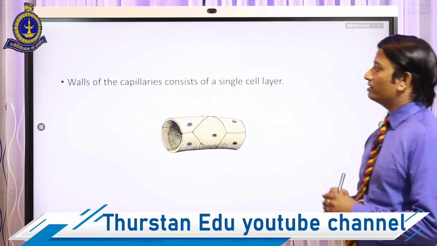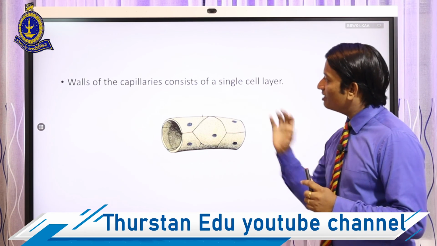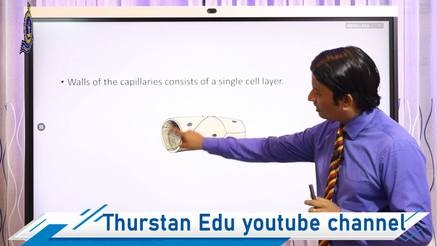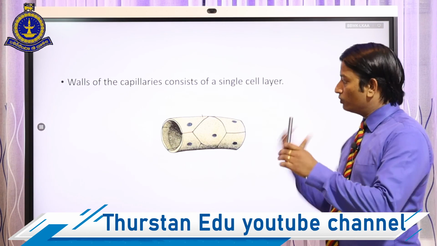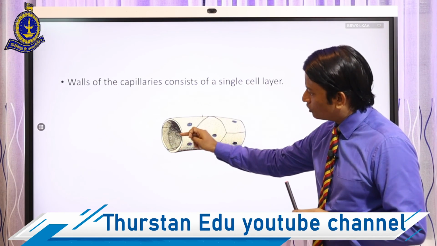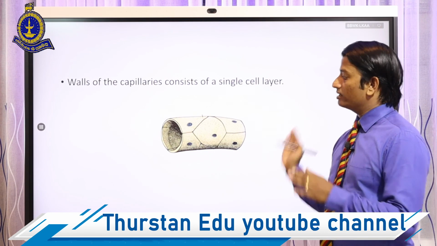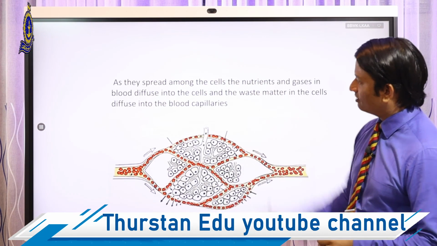Also, when you consider the structure of capillaries, they are very thin cell layers. When you consider the wall of the capillary, we can identify that it is so tiny. Why? The materials carried by the blood have to be diffused to particular cells inside the body.